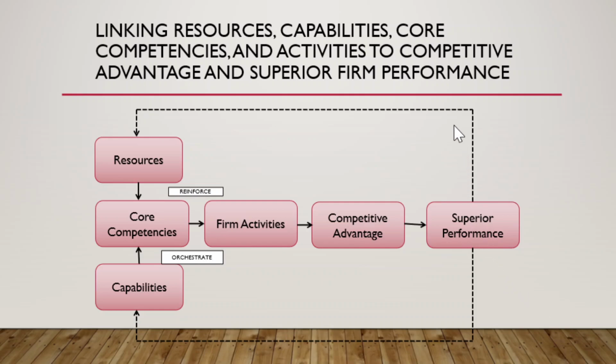Pero bakit nagkakaroon ng arrow back to resources and capabilities if we have yung superior performance? So the arrows leading back from performance to resources and capabilities indicate that superior performance in the marketplace generates profits that can be reinvested, of course, into the firm to further upgrade its resources and capabilities.